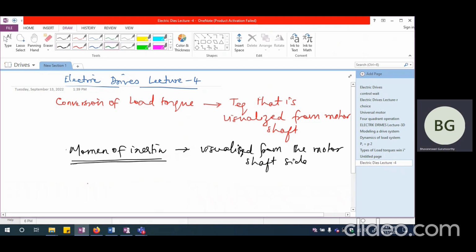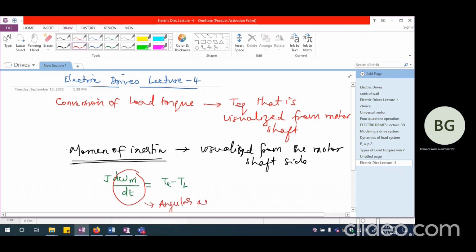We already wrote the mechanical equation of the drive system, saying that J d omega m divided by dt is equal to TE minus TL, where d omega m by dt is the angular acceleration of the drive system.